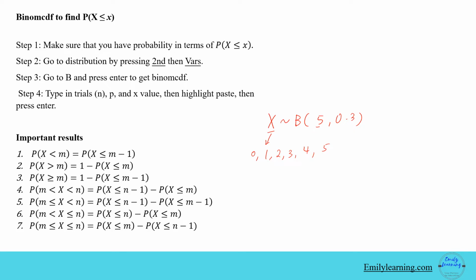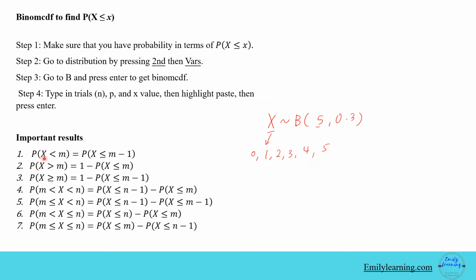First thing you need to know, x is a discrete variable. So it has a finite number of values, and for a binomial distribution your x always takes integers, starting from 0 and going to n, whatever n is for the question that you're doing. Now let's take a look at this.